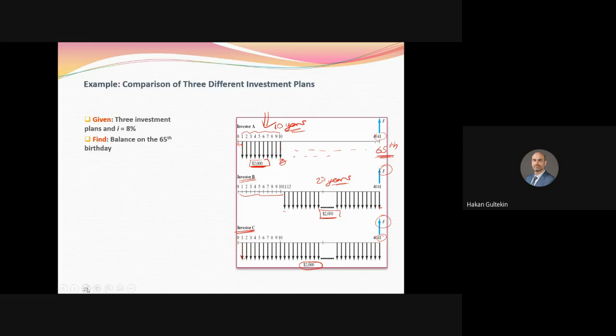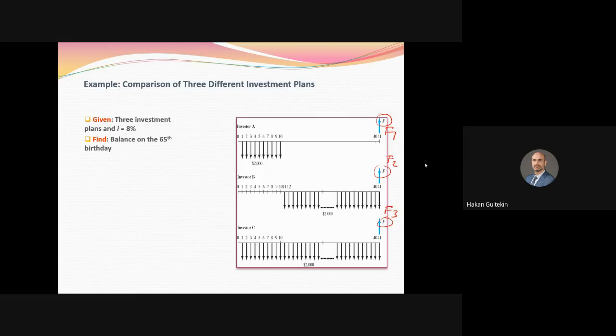Now, let me ask you, without solving anything, we are going to select one of these alternatives. In which one of these alternatives will the future amount be the largest? Let me say this is F1, this is F2, and this is F3.